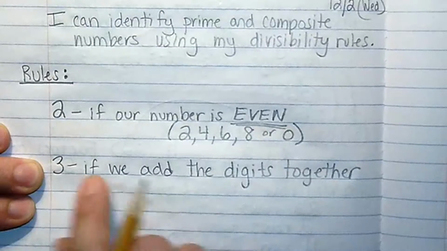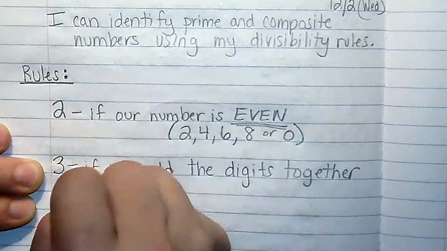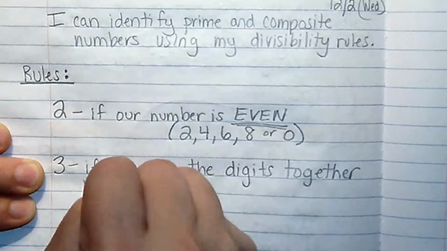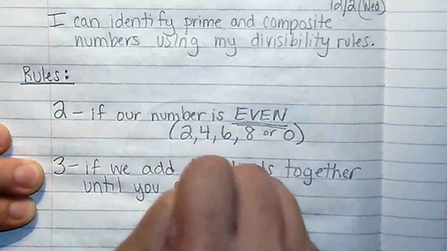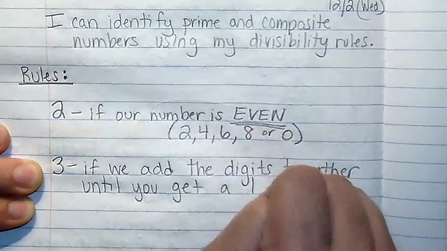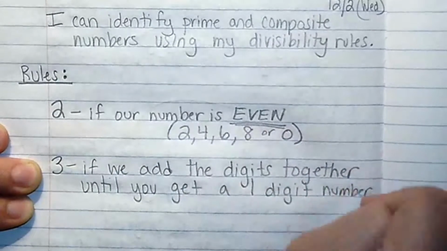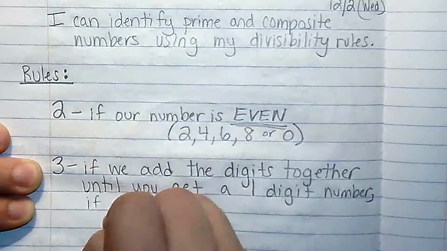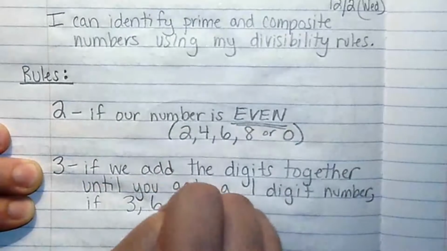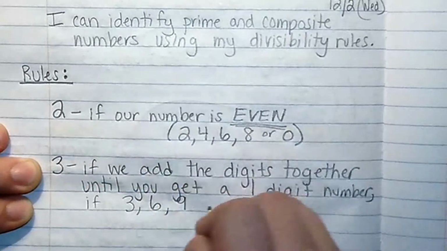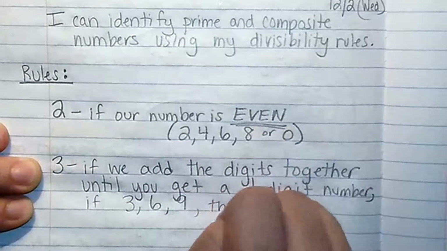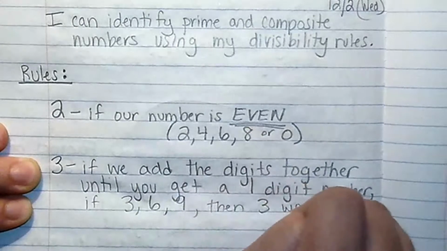So you keep adding and keep adding the digits together until you get 1 digit. If it is 3, 6, or 9, it works. 3 would be a factor.